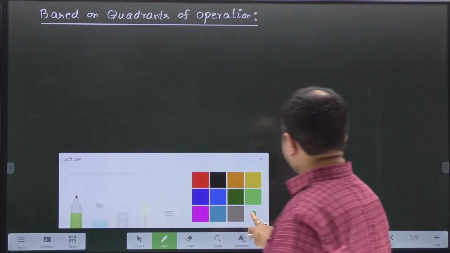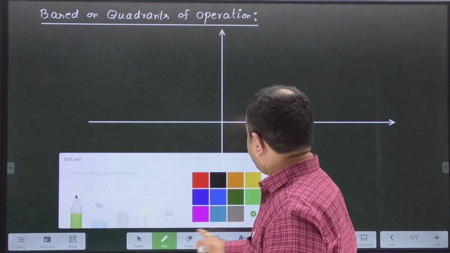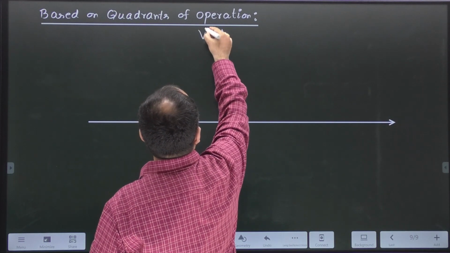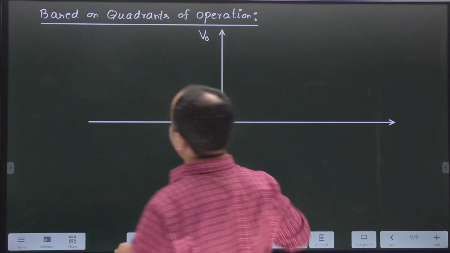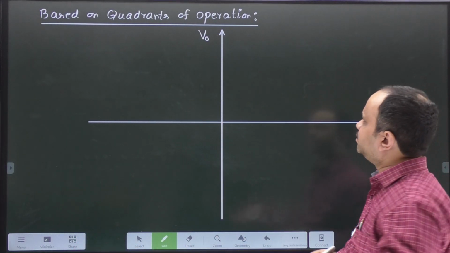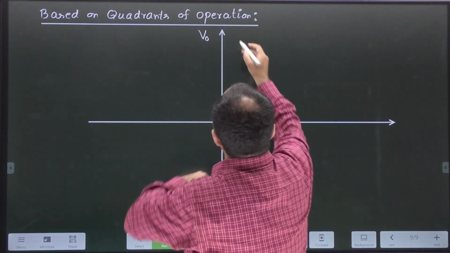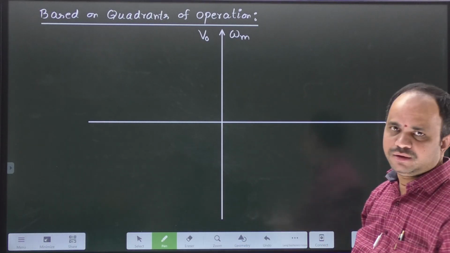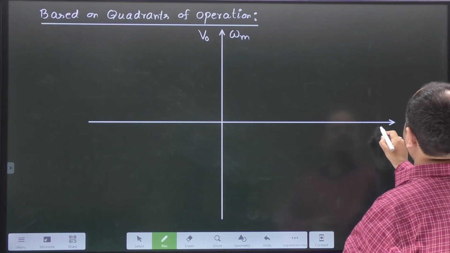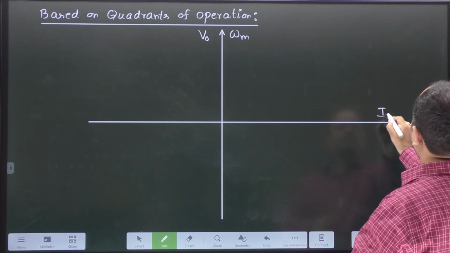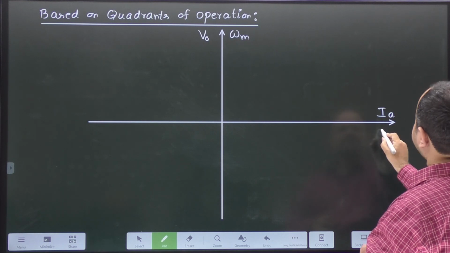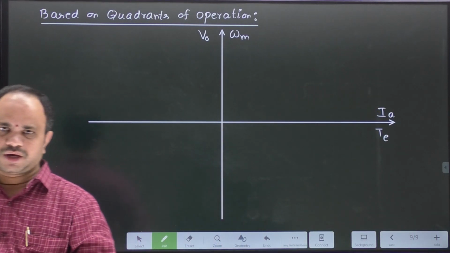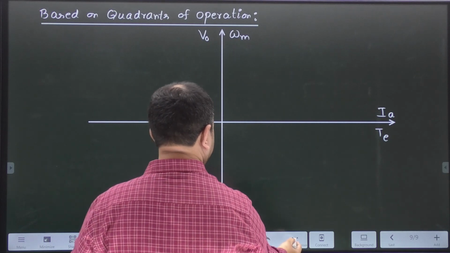So here from the converter point of view, V0, where V0 is given to the armature side of a DC motor. From the machine point of view, basically voltage will control the speed. So we will take speed on the y-axis. From the converter point of view, armature current on the x-axis, and from the machine point of view, torque, because torque current will control the torque of the machine.